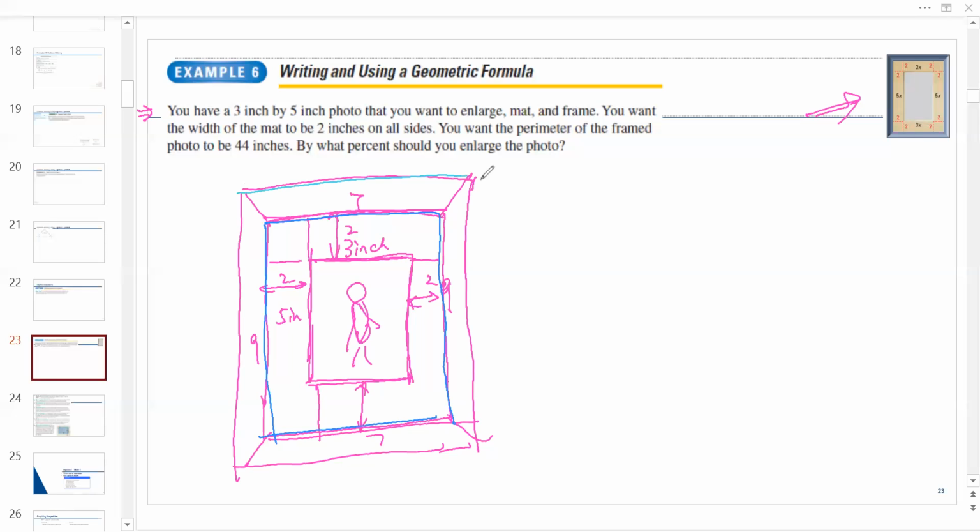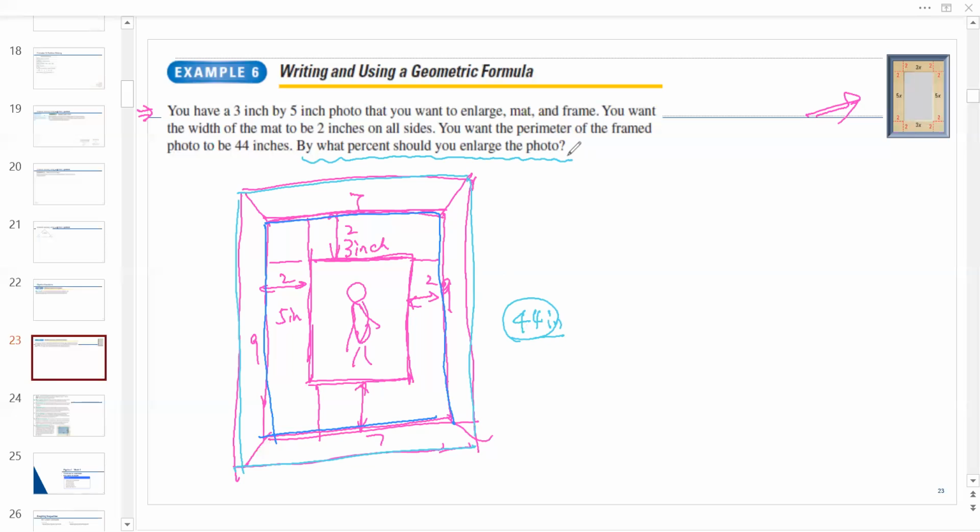This part, this part, and this part should total 44 inches. By what percent should you enlarge the photo?